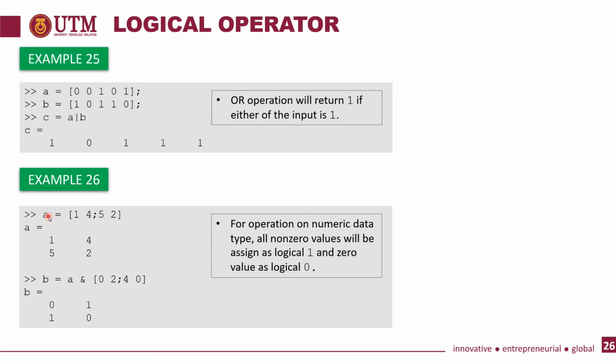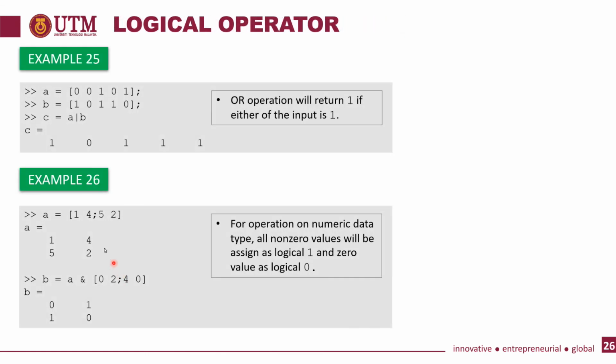This time, the variable that you initialize contains numbers, so it doesn't contain any Boolean expression or Boolean number. Boolean numbers are like 0 and 1, but this time you have the numbers 1, 4, 5, and 2. Then you initialize the next statement, B, equal to this matrix A, with 0, 2, 4, 0.